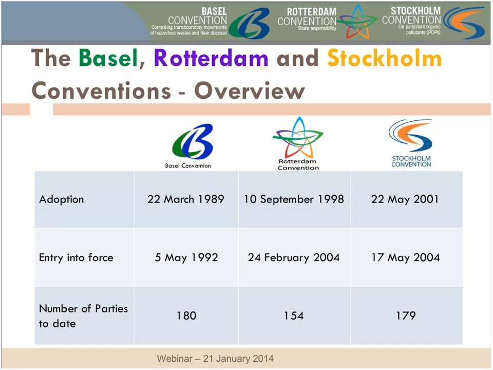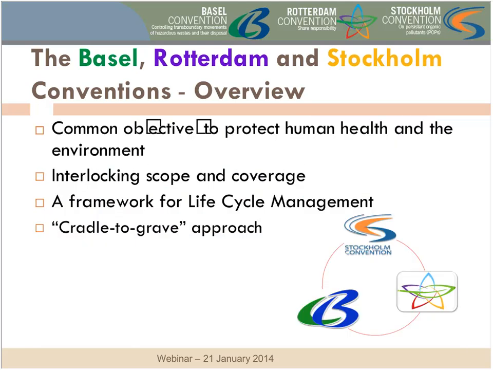At a later stage in 1998, the Rotterdam Convention was adopted and entered into force in 2004. There are currently 154 parties to Rotterdam, and third in the list, we have the Stockholm Convention with 179 parties. It was adopted in 2001 and entered into force in 2004.